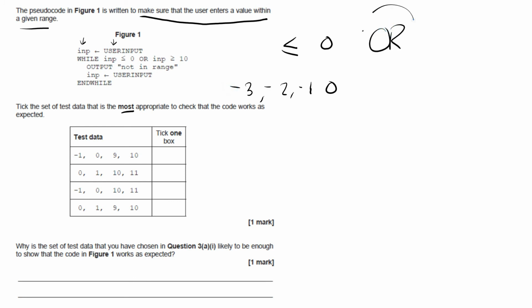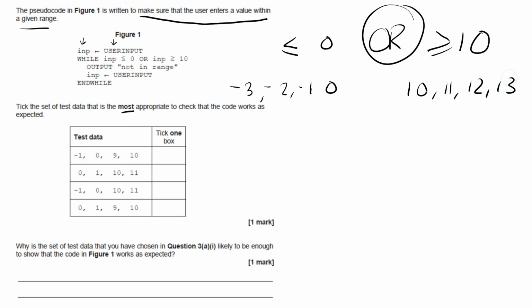Or we're saying it's more than or equal to 10. So we're saying 10 or any other number higher than 10. So this is the range that is in range, and then everything else is out of range.